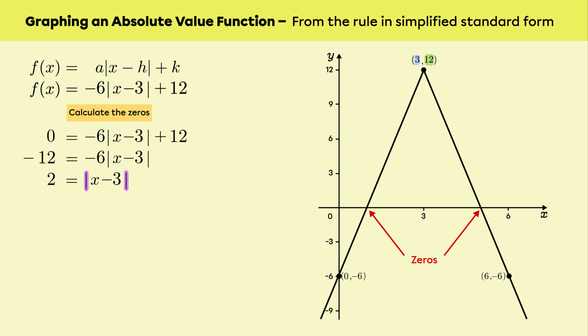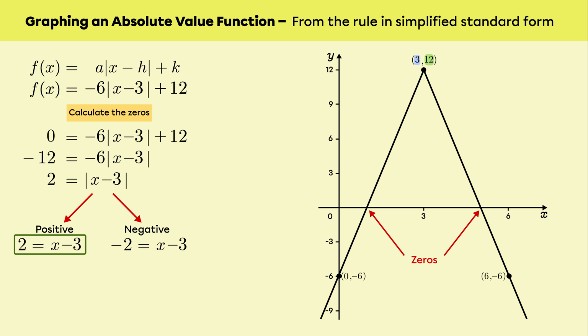Be careful. They cannot be removed as if they were just simple brackets. In fact, we must consider two cases. Either the expression in the absolute value is positive or it is negative. In our example, this means that the algebraic expression x minus 3 is equal to either 2 or negative 2.